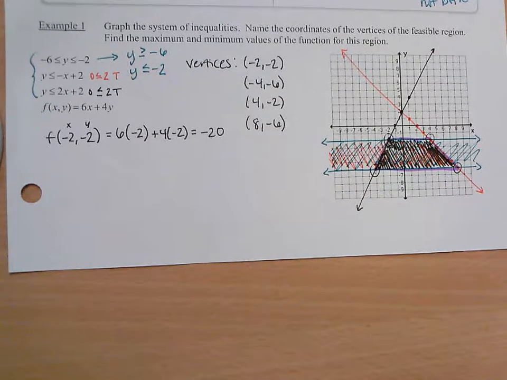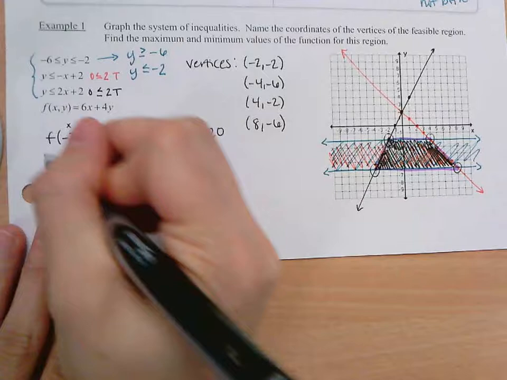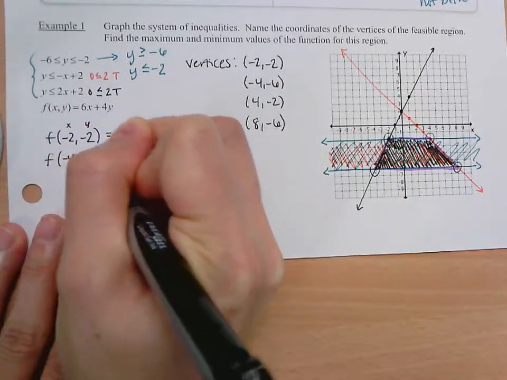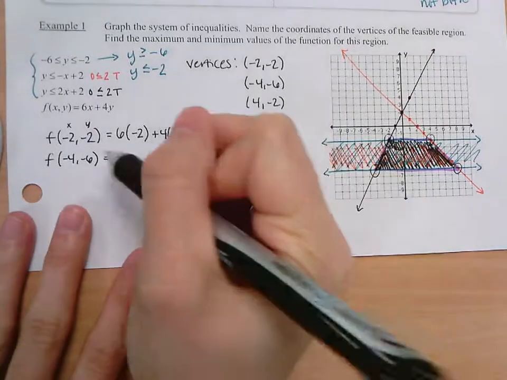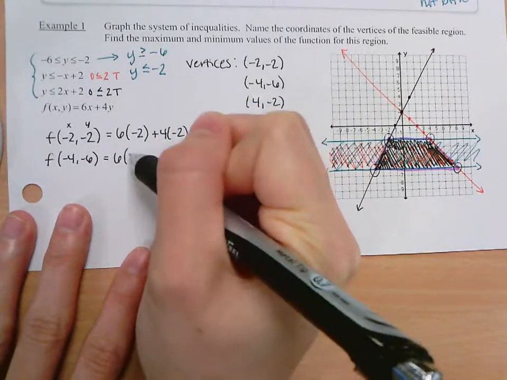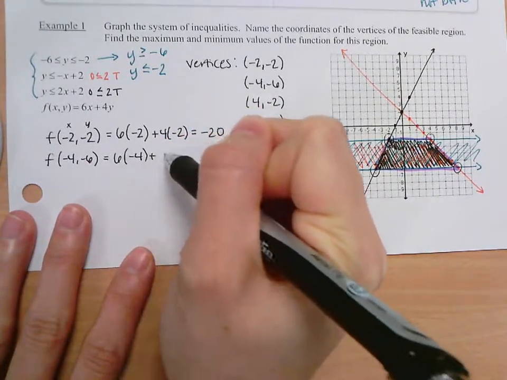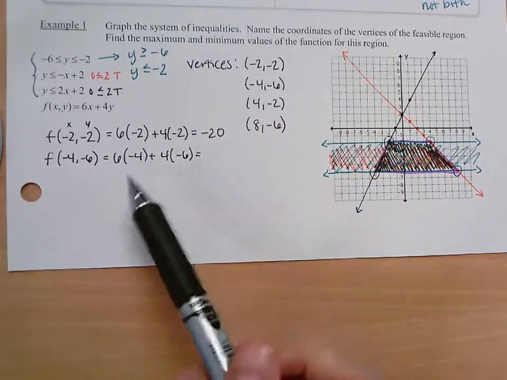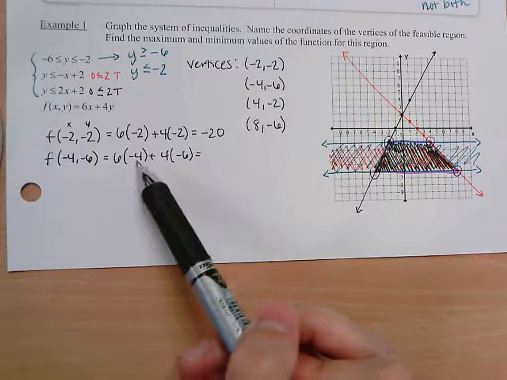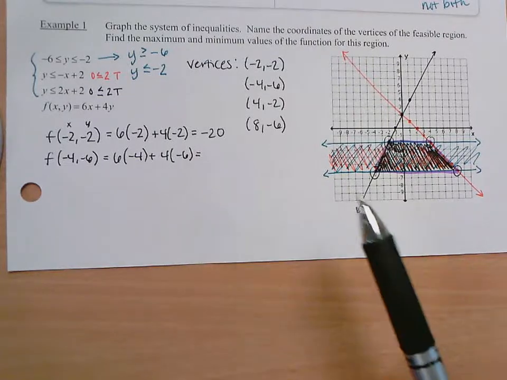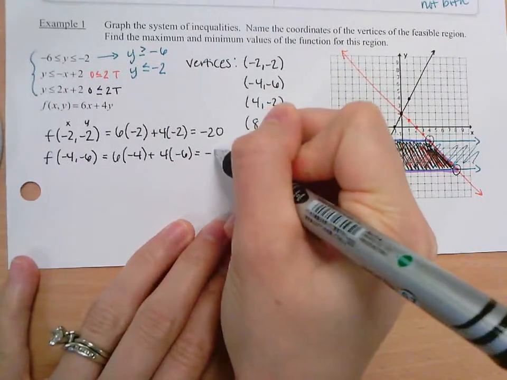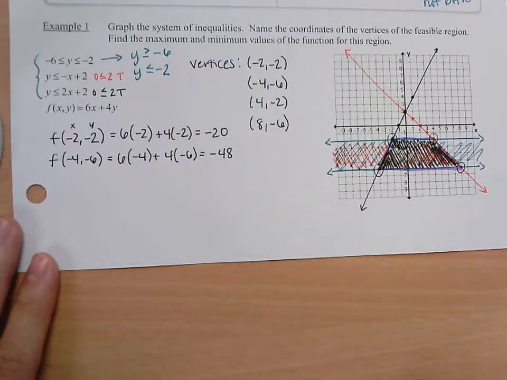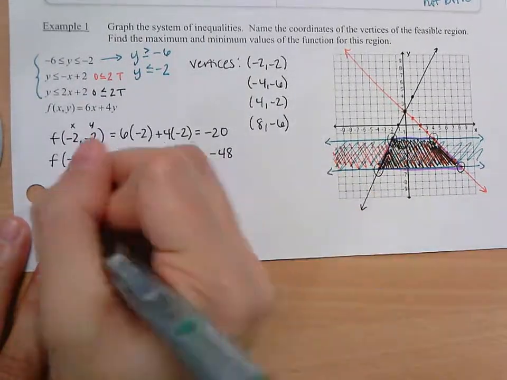Okay, and I do that for the remaining 3. So if I plug in -4, -6 next, I have 6 times -4 plus 4 times -6. So -24 plus -24, which would be -48. And then plug in 4, -2.